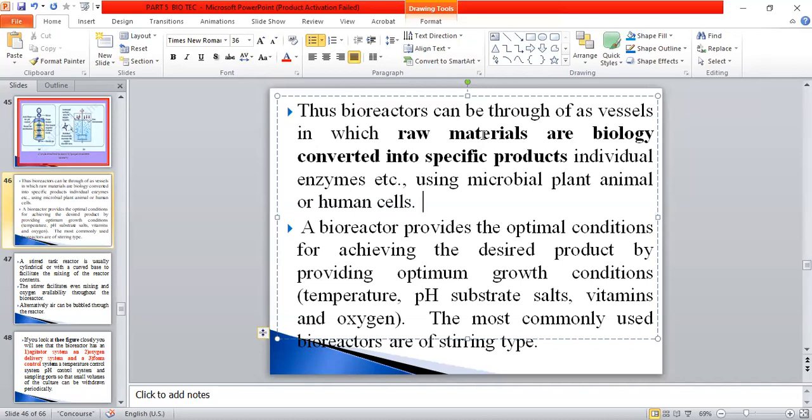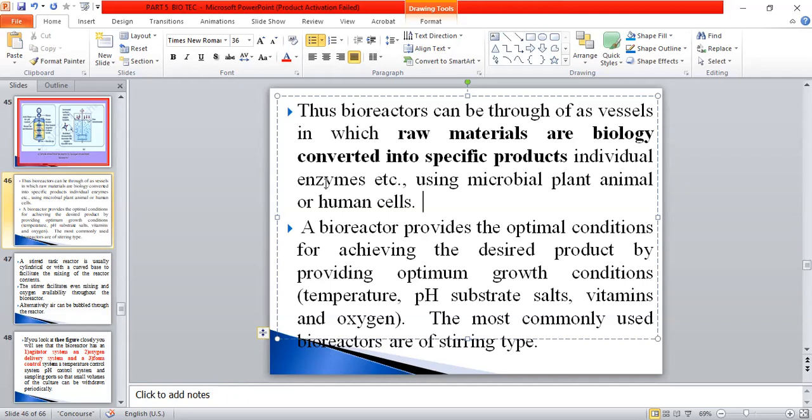How is lactic acid produced? Lactose is a substrate, lactase is an enzyme, secreted by Lactobacillus. The lactase enzyme only acts upon the lactose in the milk.